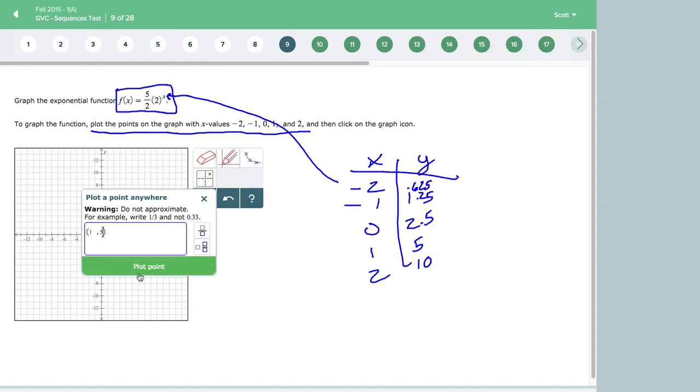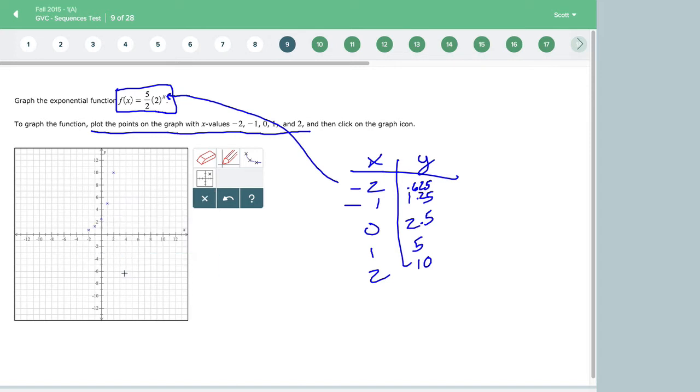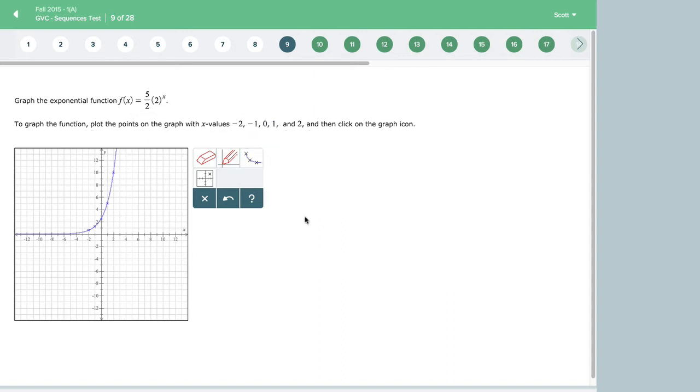See, I'm just entering in each point. That's what this one here is for, is to just enter in the points. So 2 and 10, plot point, and then I'm going to draw a line, and that's how you do that. Okay, so this button shows you to plot the points, and this button draws the line between the points.